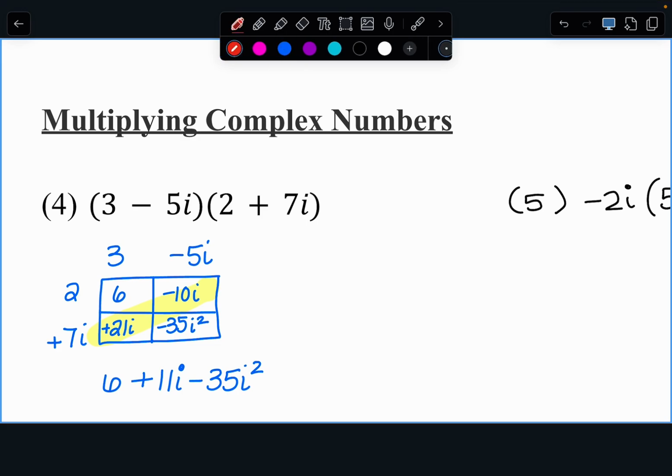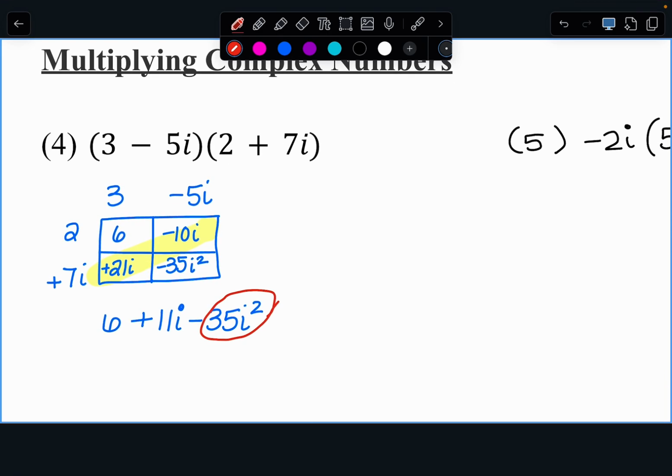What I like to do, anytime I have an i squared, means I change this sign and get rid of the i squared. Because it means I'm taking negative 35 and multiplying it by negative 1. But of all the times that I've tried to show that, people think, oh, negative 35 minus 1, instead of multiplying.